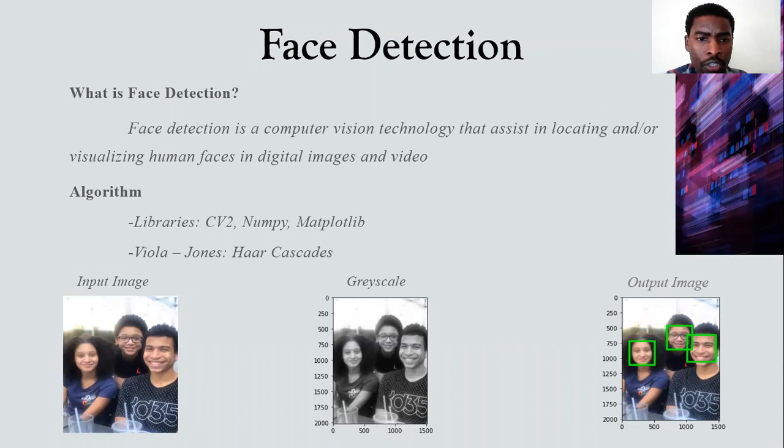So the way that the Haar cascades work is that it uses a rectangle and it starts from the upper left corner of the image and it traverses the image until it gets to the point where it identifies or detects some features of a face. Normally it starts with the eyes, the iris, moves on to the nose, the mouth, and so forth.